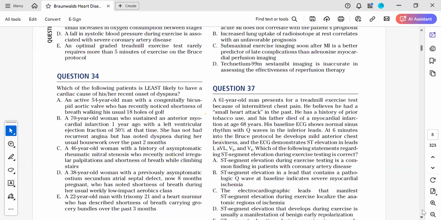Then we have the patient with a history of rheumatic mitral stenosis. We expect that with time there will be issues with the left atrium, and that it will enlarge.